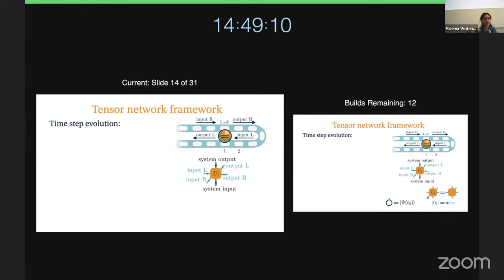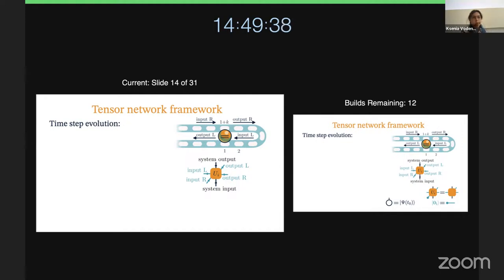We have the system input, which is basically how our atom looked before the time step. Then we have the right moving input and the left moving input. These are the states of our time bins before this time step of evolution. And correspondingly, we have 3 outputs, one for each state.